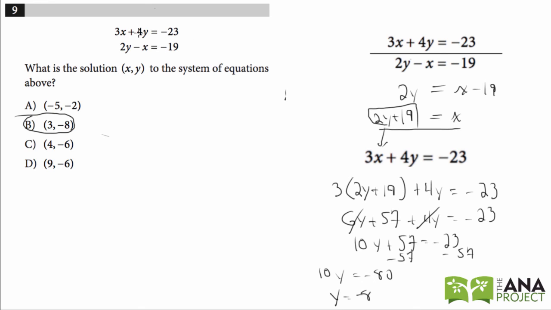Remember, it has to work for both equations. If elimination makes most sense, use that. If substitution makes most sense, use that strategy. A lot of times there are multiple ways to solve these problems. Just use the way that makes the most sense to you. So hope that helped, and I'll see you for question number 10.